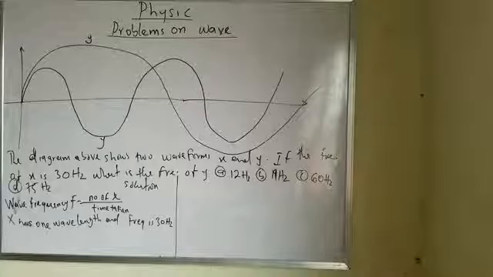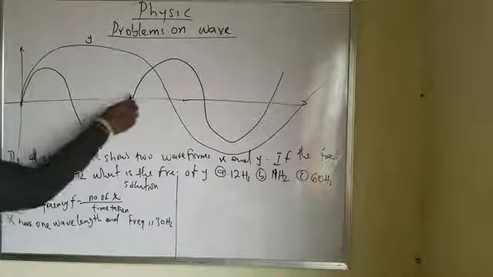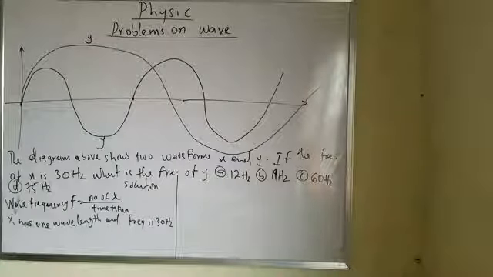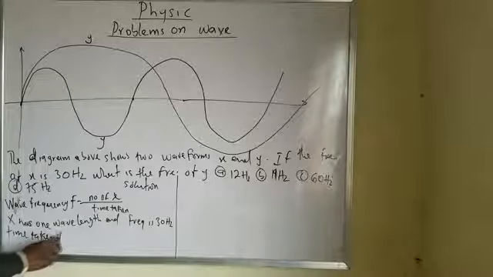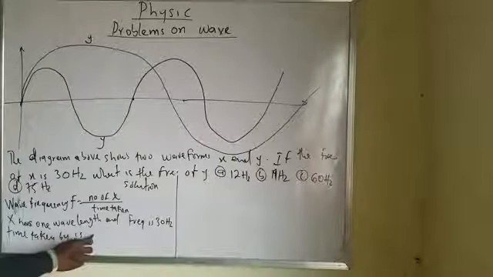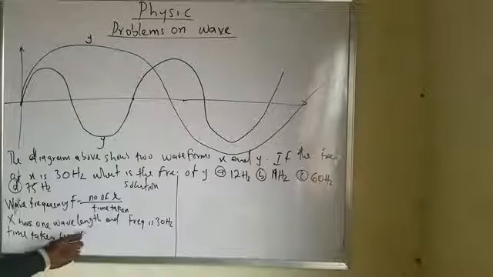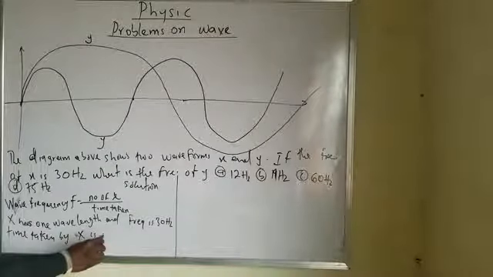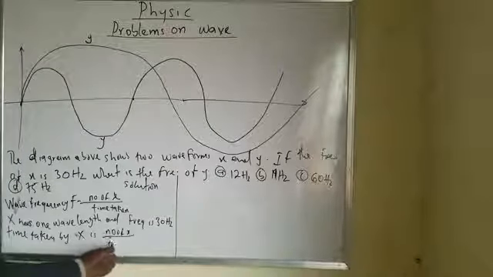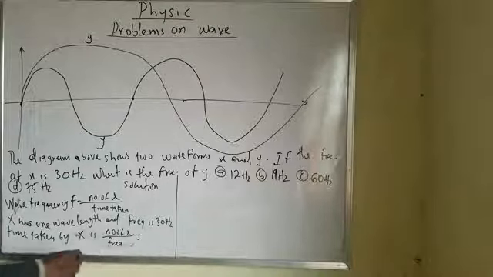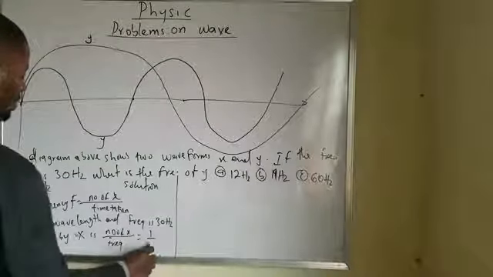Now, what can I do from here? What we are talking about now is that the time taken by X is the number of wavelengths divided by the frequency, which is equal to 1 all over 30 seconds.